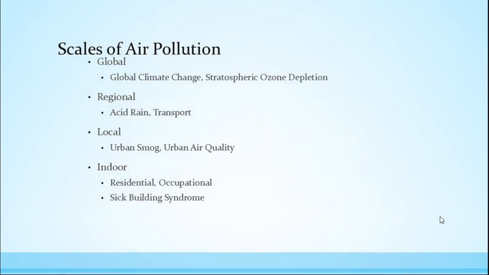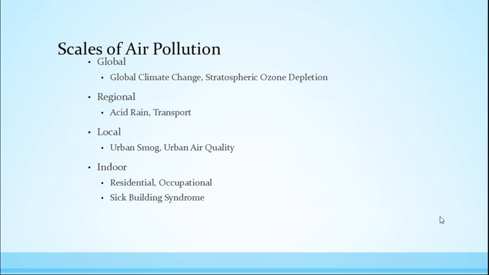So we can kind of divide air pollution up into about four different ranges, scales, right? We've got global, and when we talk about global air pollution, we're talking mostly about global climate change and stratospheric ozone depletion, okay? When we talk about regional, we're talking about transporting pollution from one area to another. For instance, China exports lots and lots of air pollution to the west coast of the United States.